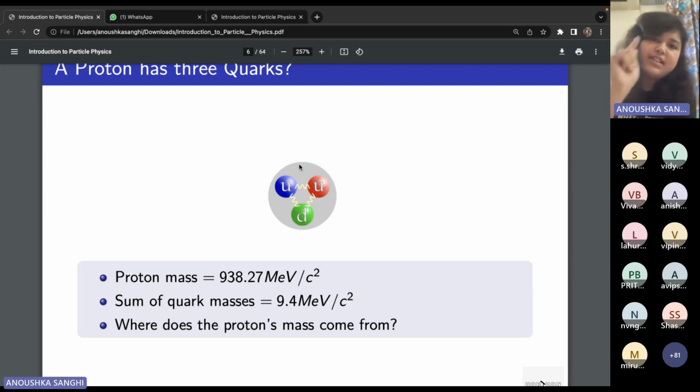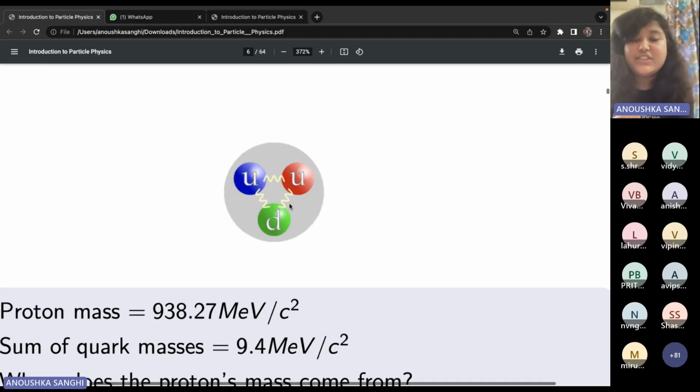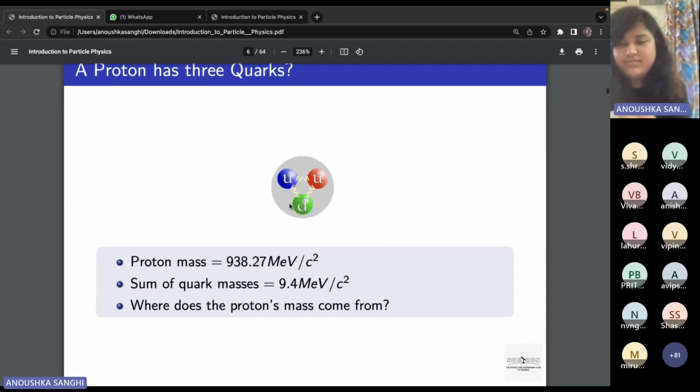If you again throw that heavy ball, you will again move, right? This kind of interaction is also going on in the micro world, and that's why we need gluons, which keep the quarks together. These are the force carriers.